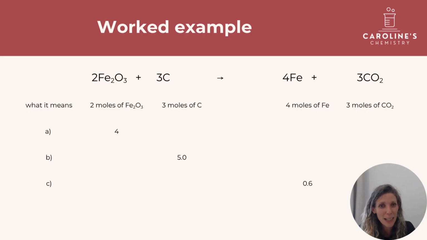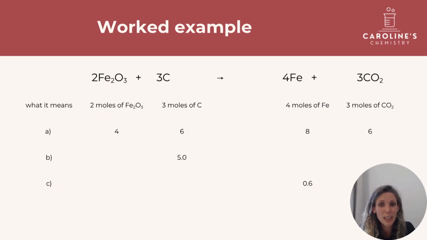And then finally, the carbon dioxide. If we look at it compared to the iron oxide, that's a 2:3 ratio again. So therefore, we're going to make the same amount of carbon dioxide as we used of the carbon. Both of those have a big number 3. So it is therefore 4:6:8:6.